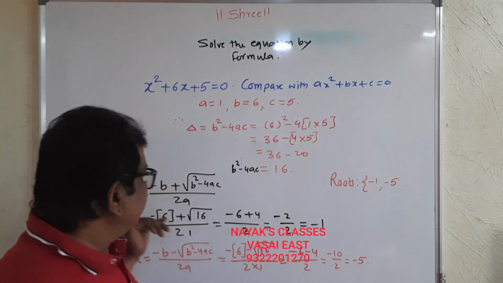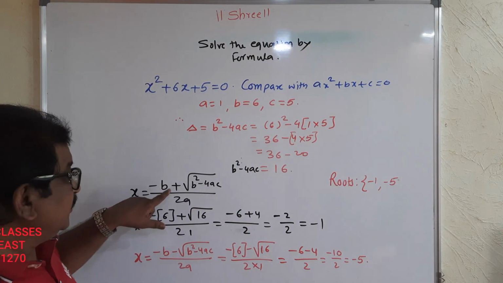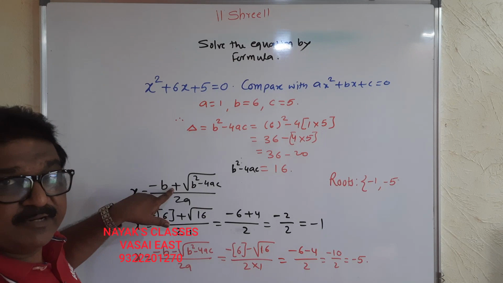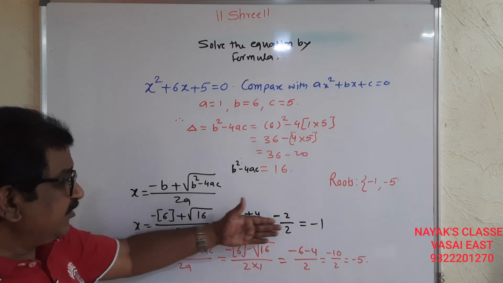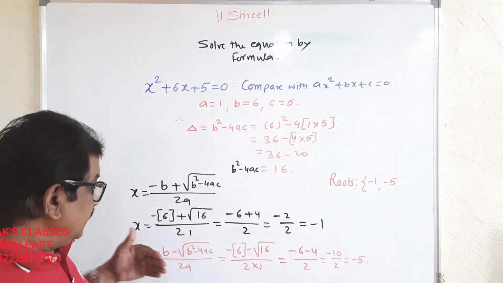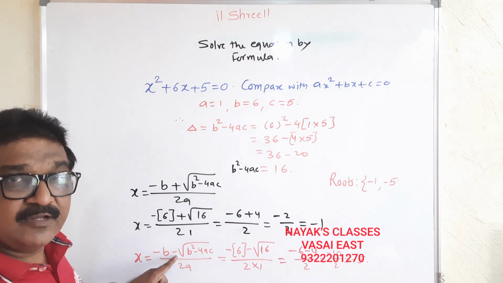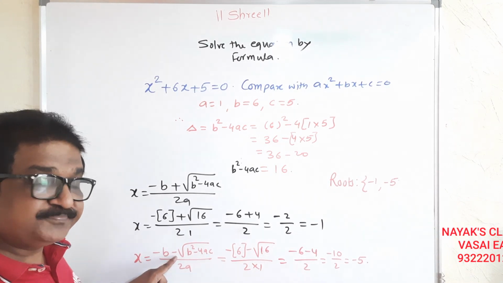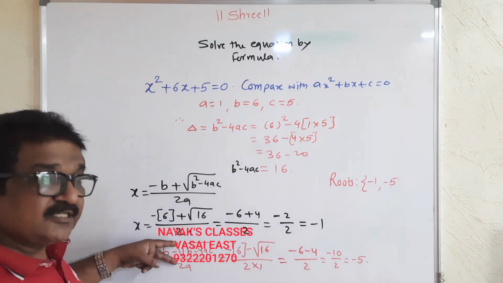So we have taken the first formula. This is the first formula using the positive discriminant. Putting values, we got the value minus 1. Similarly, the second formula is the negative discriminant. Other things are all the same.